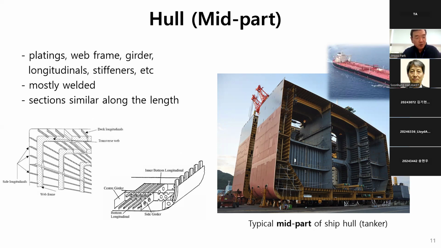This slide shows a typical part of hull structure in tanker, which carries oil. It is also composed of many structural elements such as plating, web frame, longitudinal stiffeners, etc. Most of them are connected by welding, and the section in the mid part is usually very similar along the whole length.